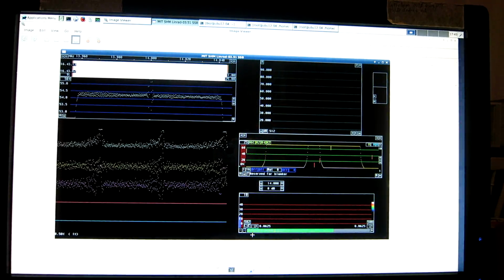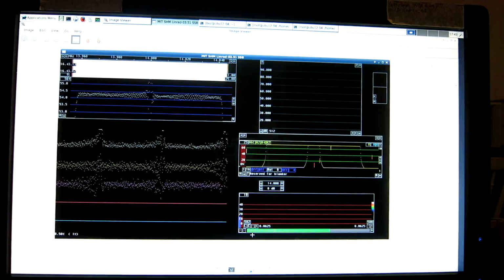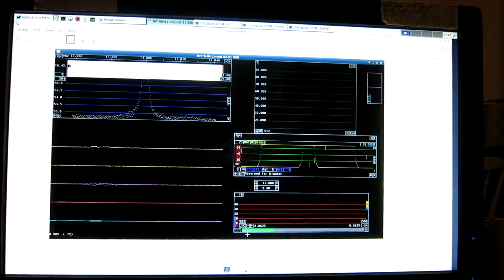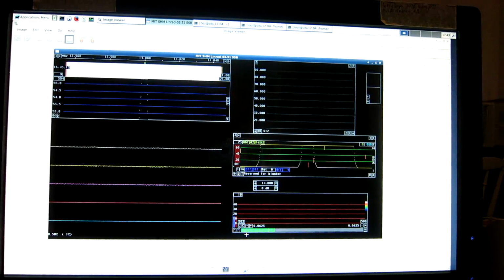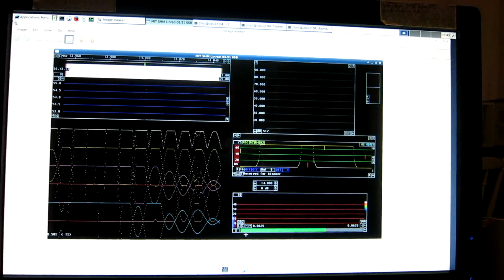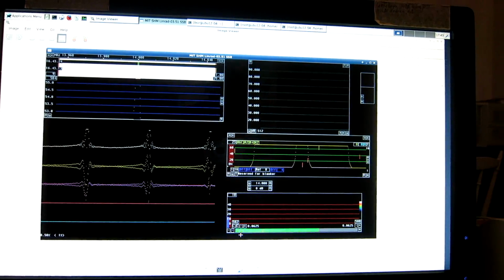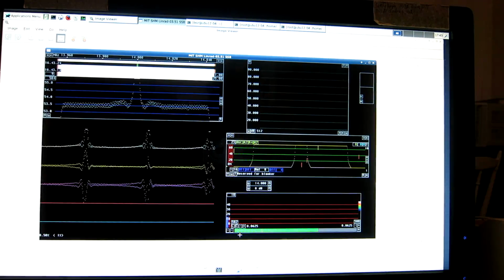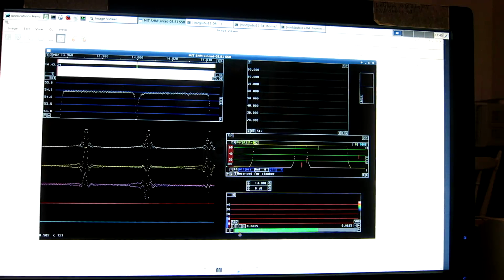Now I disconnect the function generator, connect the proper pulse generator. And after the transient went away, you can see that the center region is now quite different.